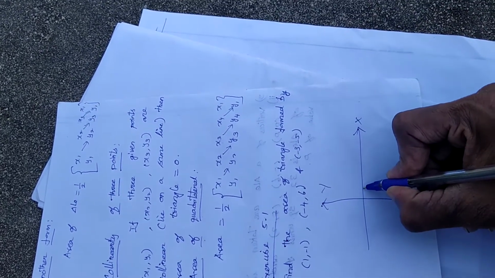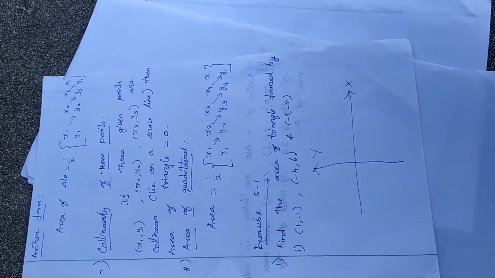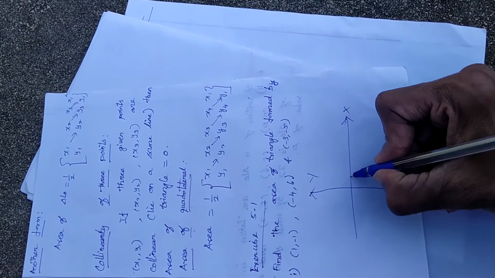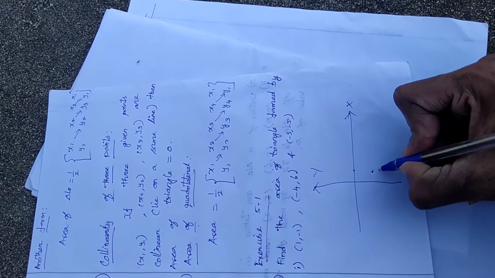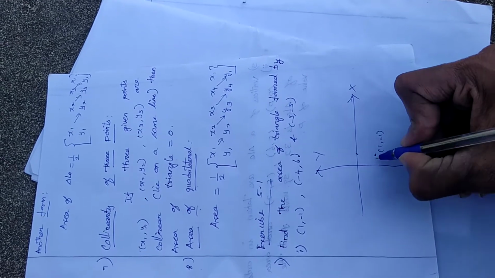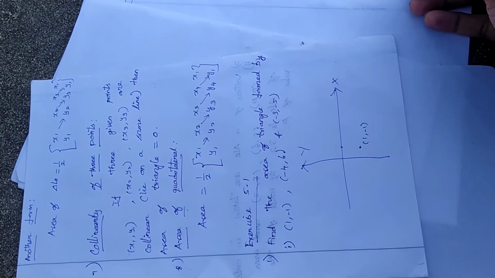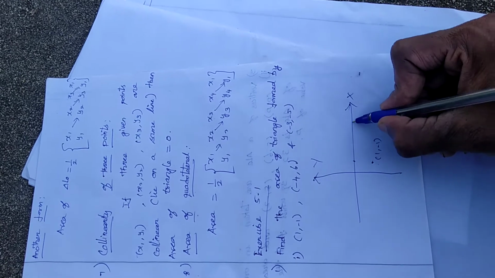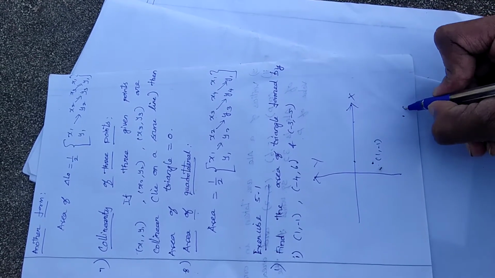Okay, first (1, -1). You don't need to mark exactly, just drawing roughly is enough. First point will be (1, -1). Next, second point (-4, 6), approximately here.